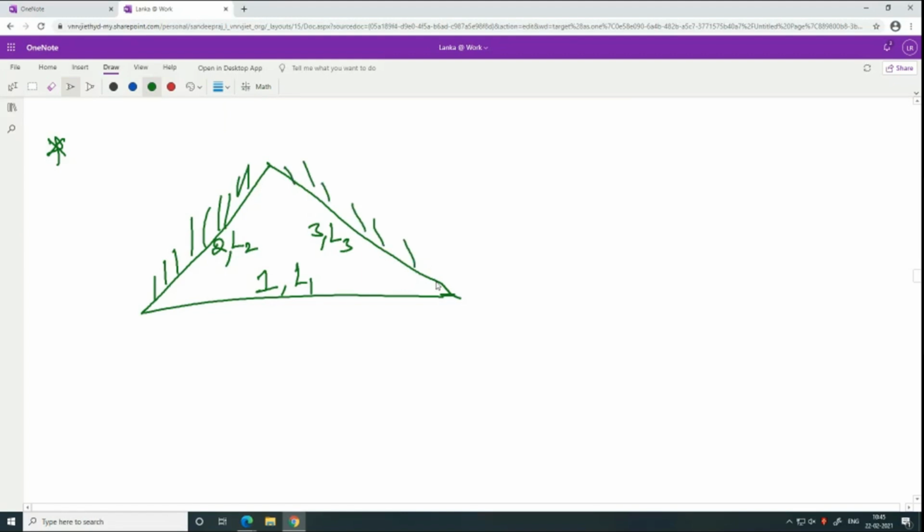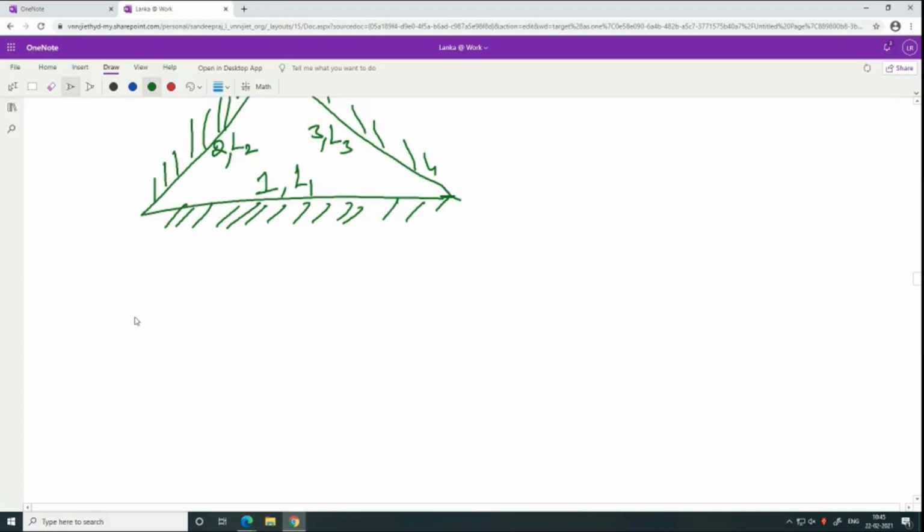Only the inside heat exchange we are interested in here. If this is the case, what will be the formula for F12? It will be equal to L1 plus L2 minus L3 by 2 into L1. This is the F12 formula.